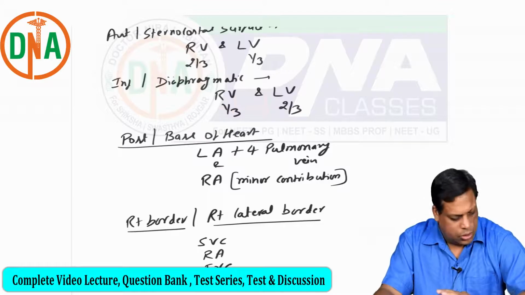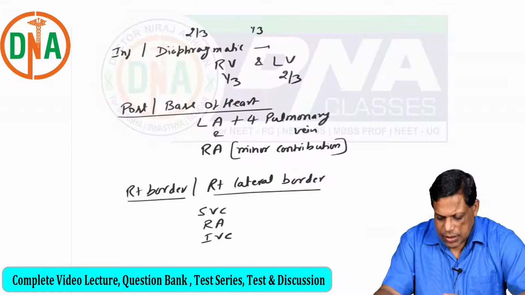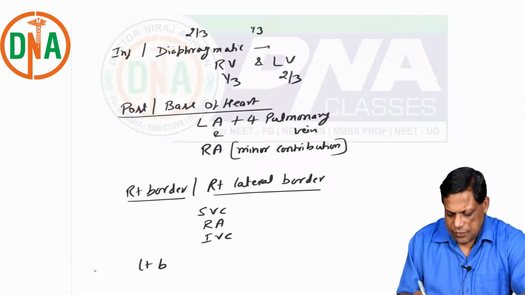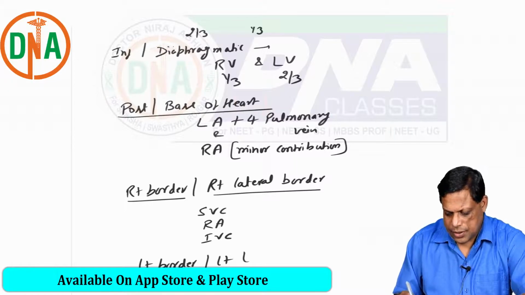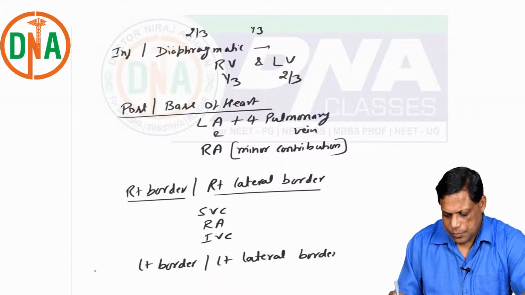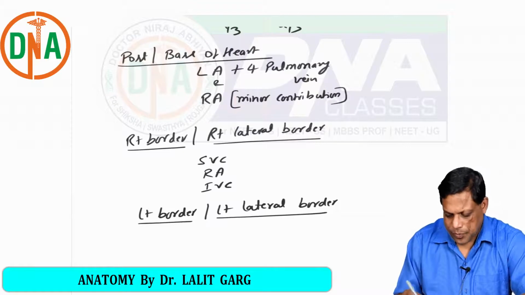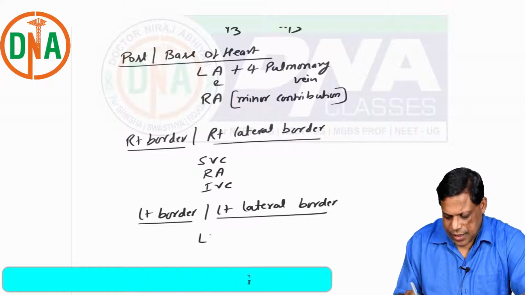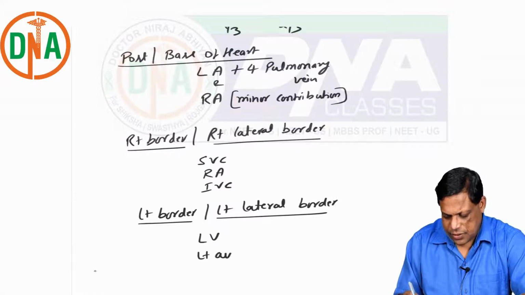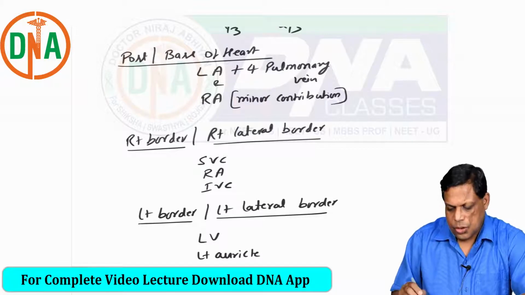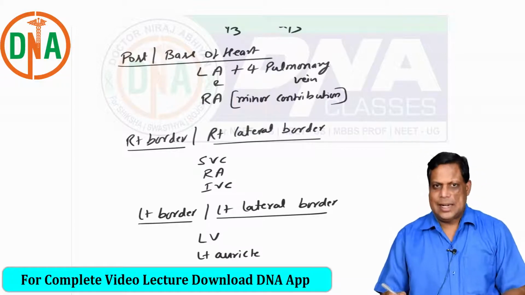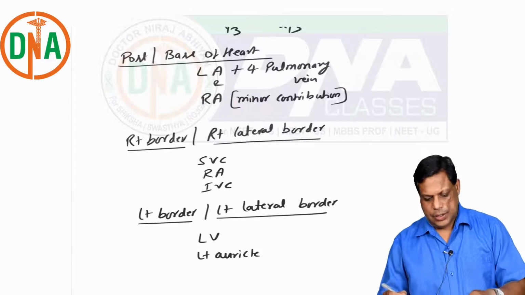Then the next is the left border, or left lateral border. This is formed again by the same structures, the left ventricle and left auricle. So these are the borders and surfaces of the heart.